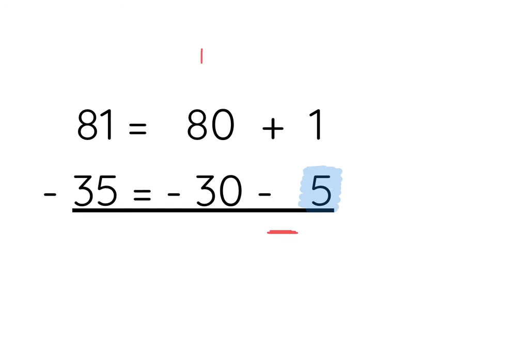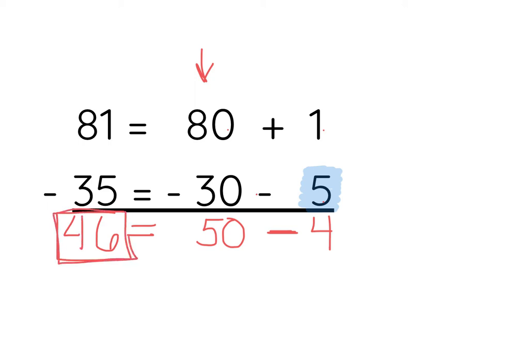Now you can subtract your tens column. 80 subtract 30 equals 50. 1 subtract 5 equals a 4, because you're going to be 4 numbers below the 0. So negative 4. Use your partners, and you know that 4's partner is 6, so the answer is 46. This is such a great strategy.